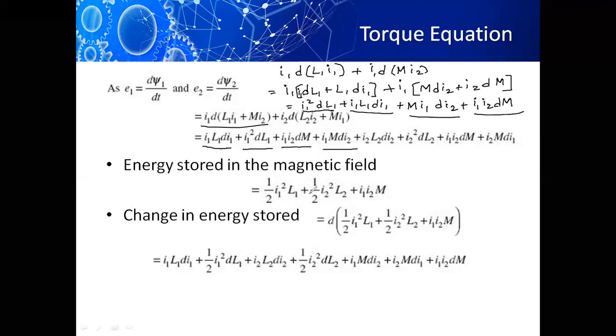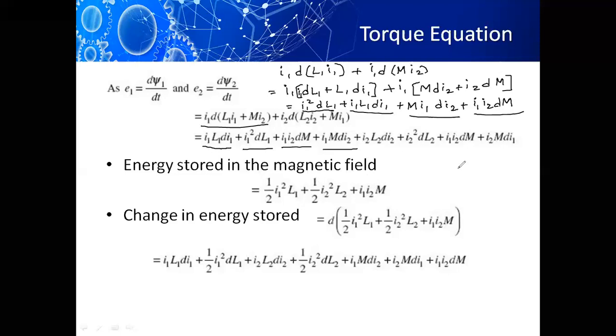Similarly, the energy stored in the magnetic field because of inductor L2 is half I2 square L2, and the energy stored because of mutual inductance would be I1 I2 M.